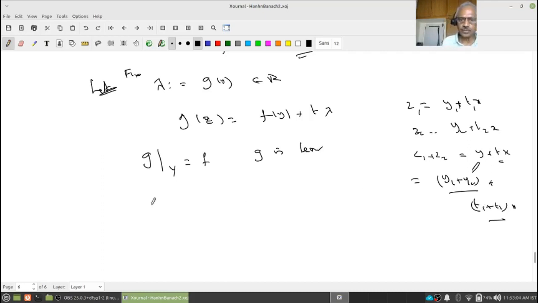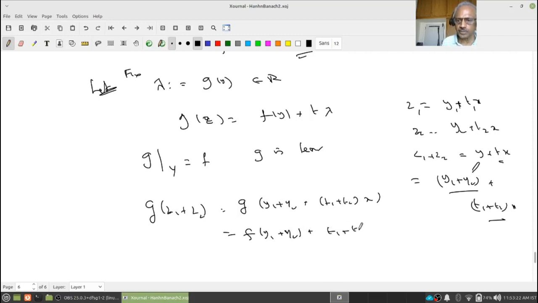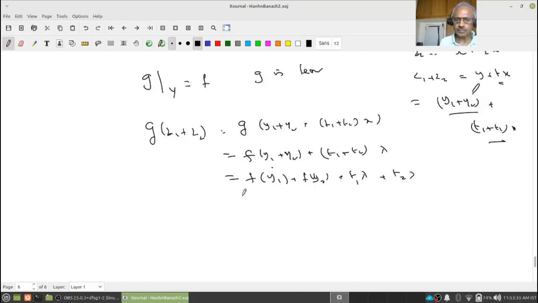Now, what is g of z1 plus z2 according to our definition? It is g of y1 plus y2 plus t1 plus t2 times x. But what did I define? I defined f of y1 plus y2 plus t1 plus t2 times lambda. But f is linear, therefore it's f of y1 plus f of y2 plus t1 lambda plus t2 lambda.